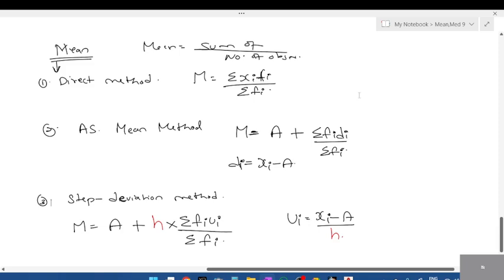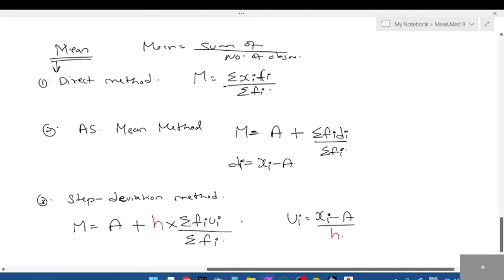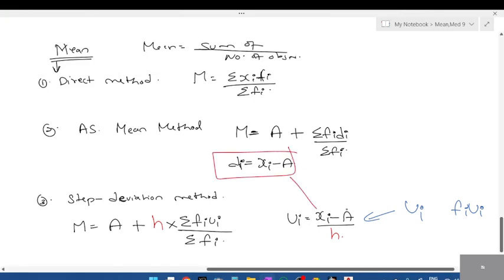Go through the formula for step deviation: a plus h into summation fi ui. So you need two columns. For ui you need a column. Then when you get ui, you multiply fi ui. And this is the formula for ui: xi minus a divided by h. Look, it is similar to assumed mean method. The only thing is you divide by h. Instead of di, it is ui.